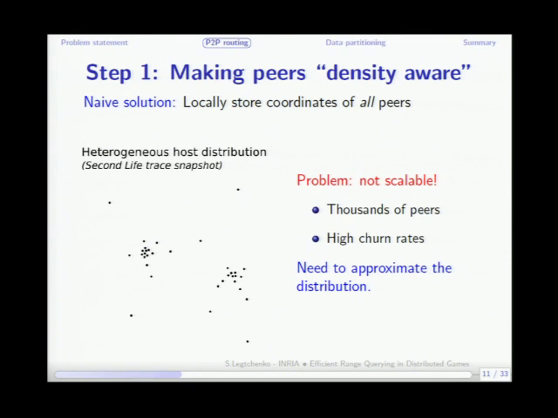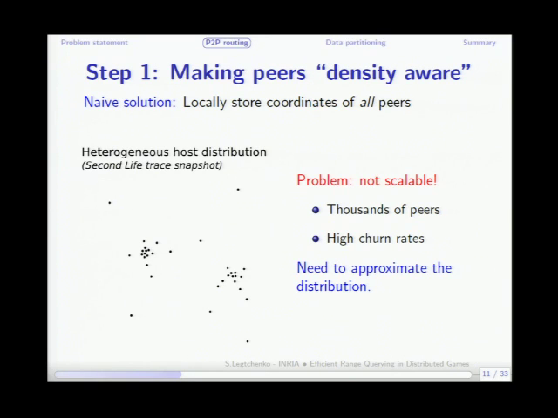There are several solutions to make peers density aware. The first naive solution is to locally collect all the coordinates of all the peers so that the peer will be able to construct that kind of distribution, in which each dot represents a peer coordinate, and then it will use it to estimate the density.